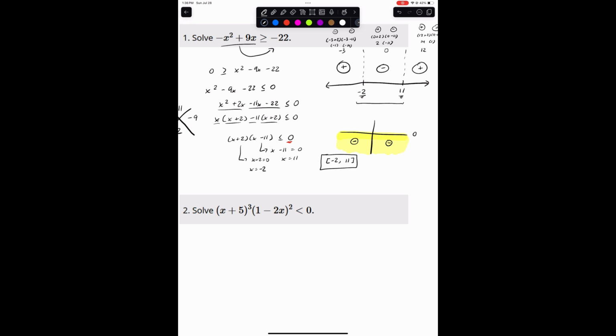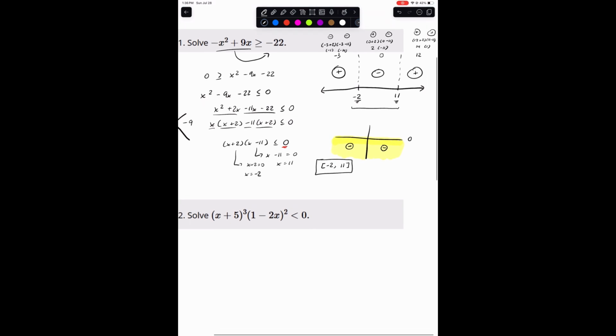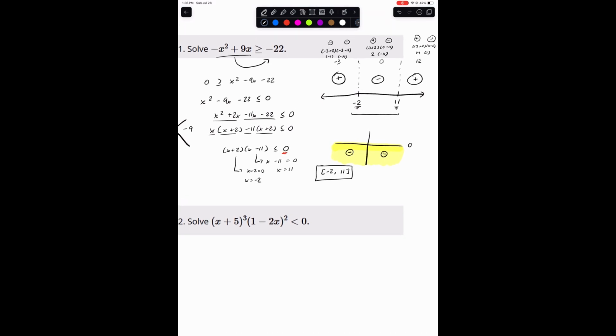We can test the endpoints again with the original inequality. We have negative 2 squared, negative 4, plus 9 times negative 2, minus 18, which is negative 22, which indeed is greater than or equal to negative 22.